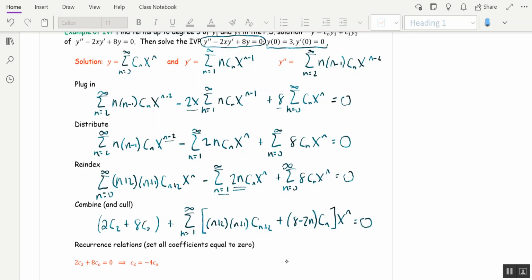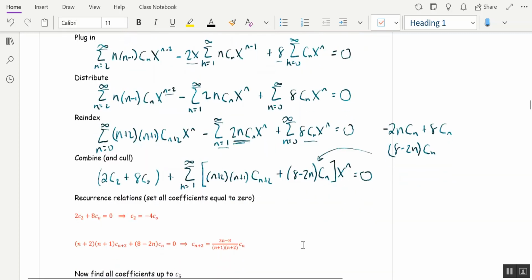Let me show you what I did here. Over here, I had a negative 2n cn, and here I had a plus 8 cn. So I wrote that as 8 minus 2n cn. So that's where I got that guy.